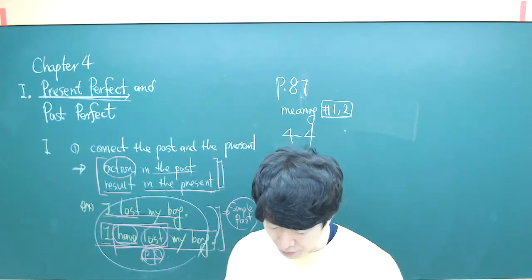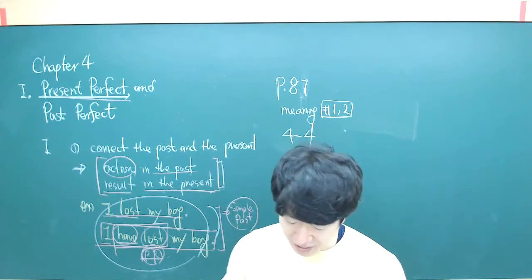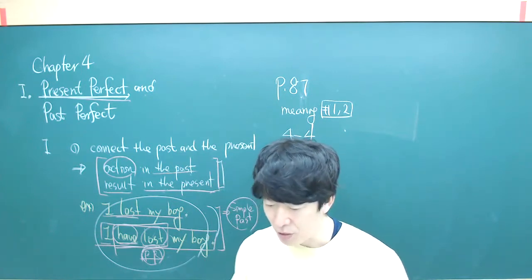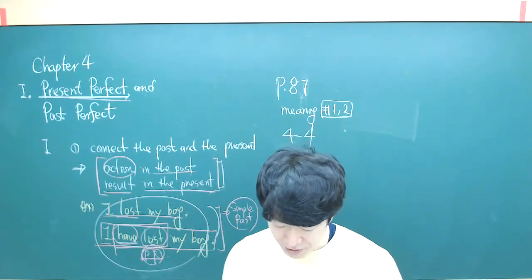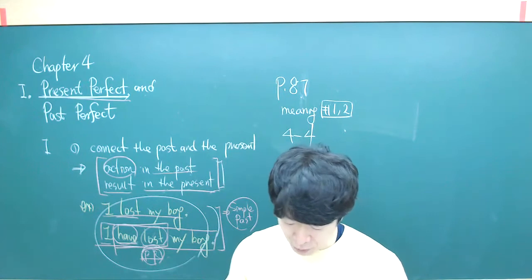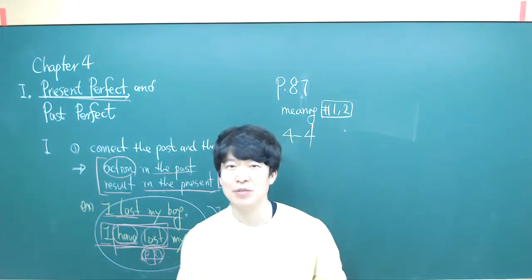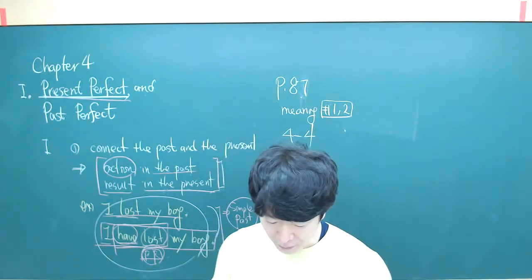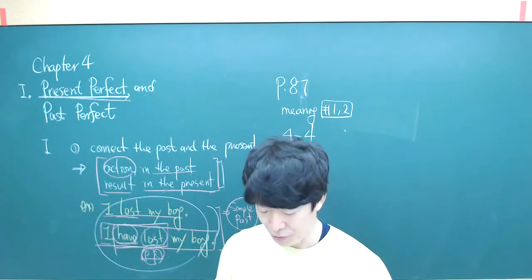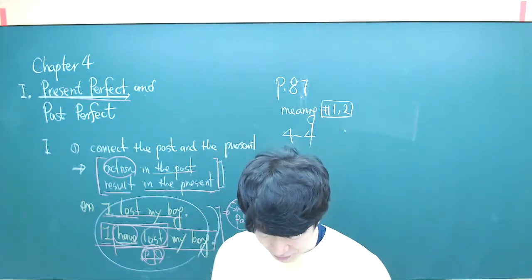See, I was in Europe last year, 3 years ago in 1999, which means we know when that happened. Present perfect: I have been in Europe many times. We don't know by looking at this sentence when you were in Europe. Unspecified time. That's the difference.